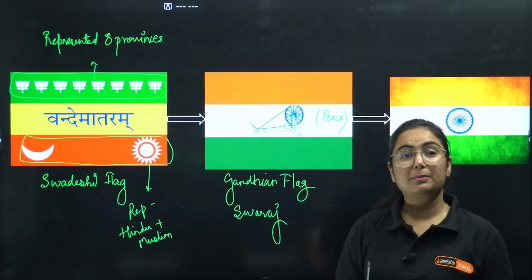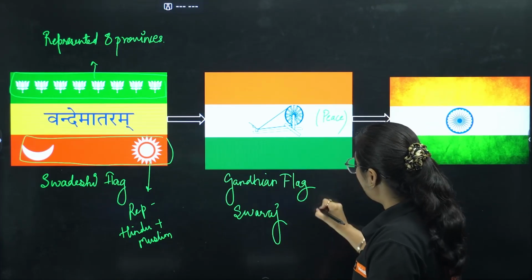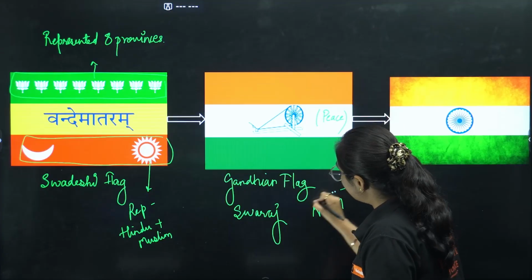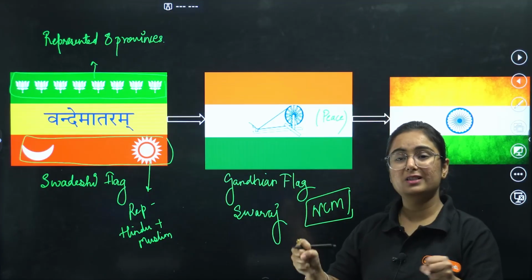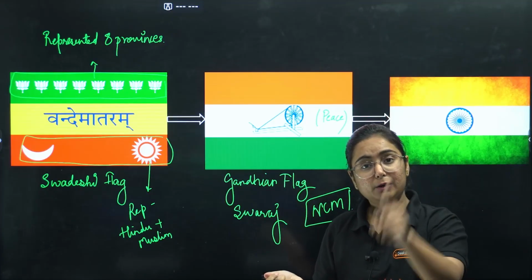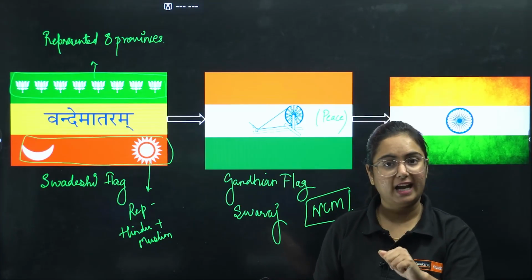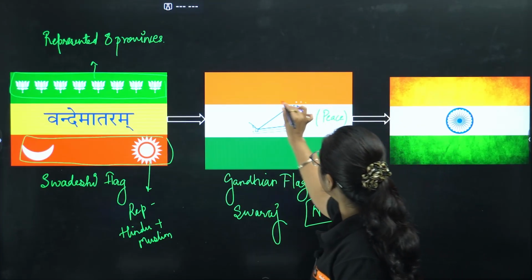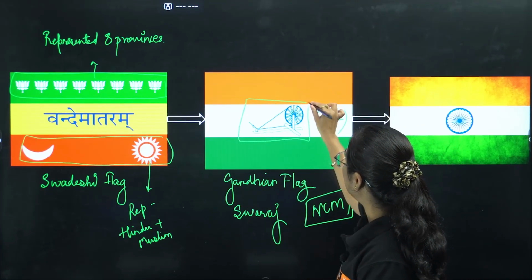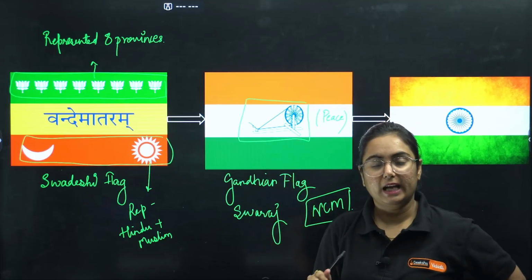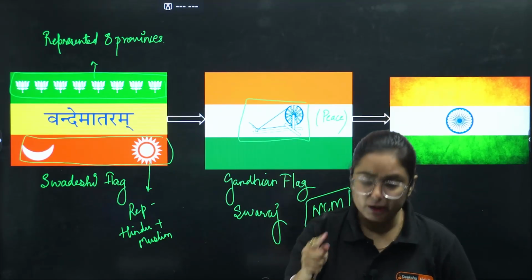When in the non-cooperation movement we boycotted all the foreign goods, it was natural that India would be adopting its khadi, and this is the reason the charkha was added in the middle of this flag.